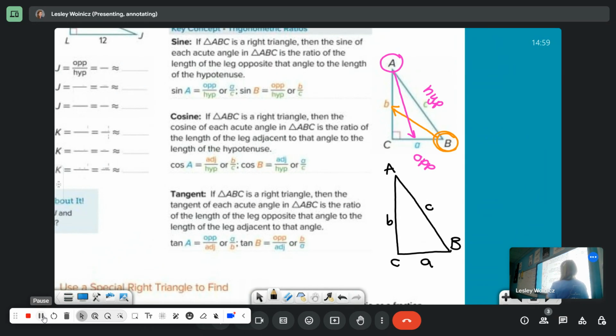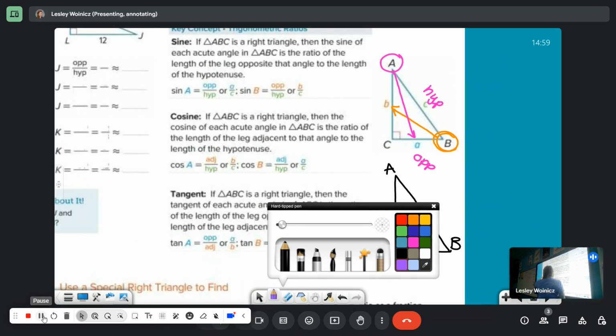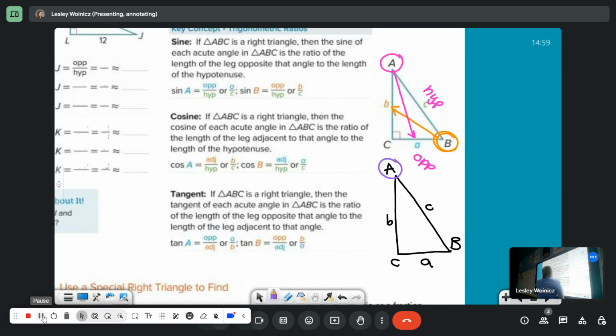Okay, so if I look again with my point of view from angle A, the hypotenuse is always the hypotenuse. That's the one opposite the right angle. Side little a is opposite. Adjacent, remember, means next to.